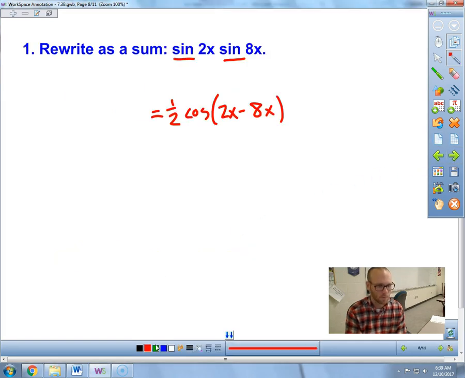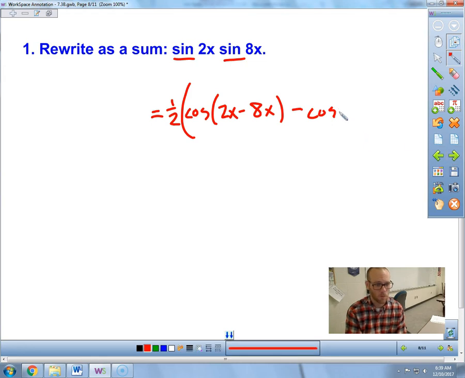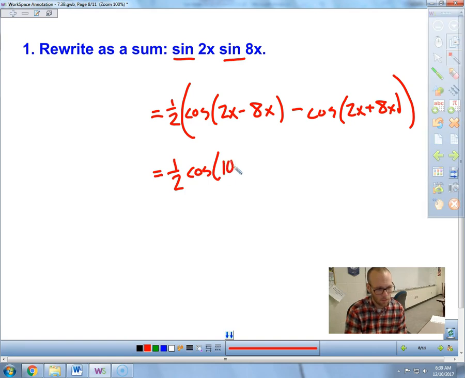Minus the cosine of the sum of those. 2x plus 8x. So this is 1/2 times the cosine of negative 6x minus the cosine of 10x.